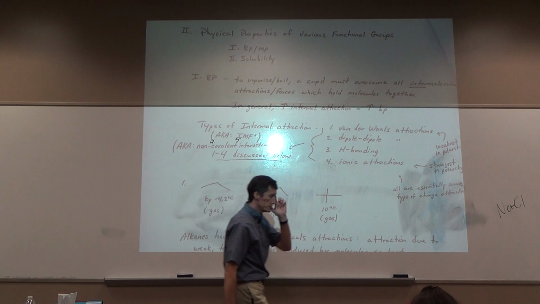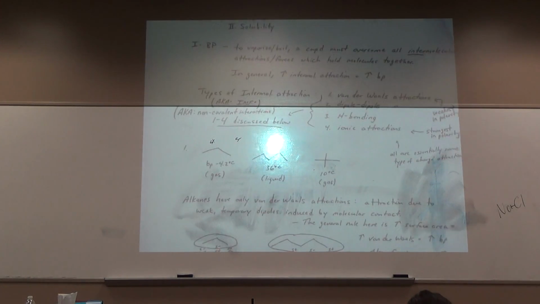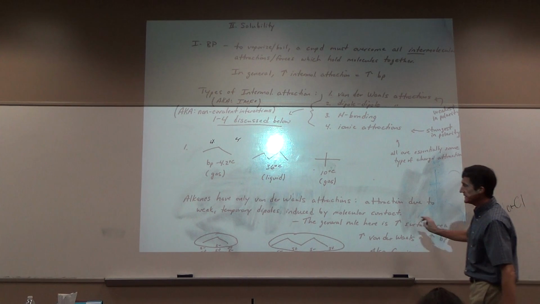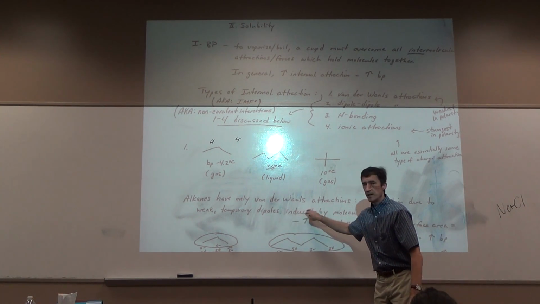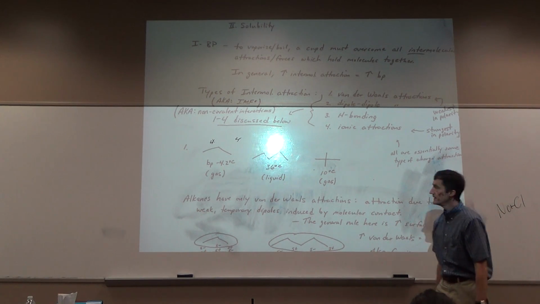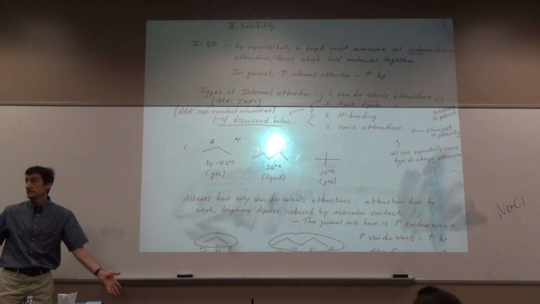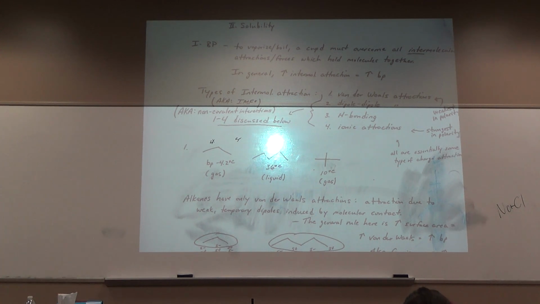Van der Waals attractions are pretty weak, fleeting. It's attraction due to weak temporary dipoles induced, induction, you may hear in physics, induced by molecular contact. Yes, this compound is nonpolar. It's just CHs. We call it nonpolar.